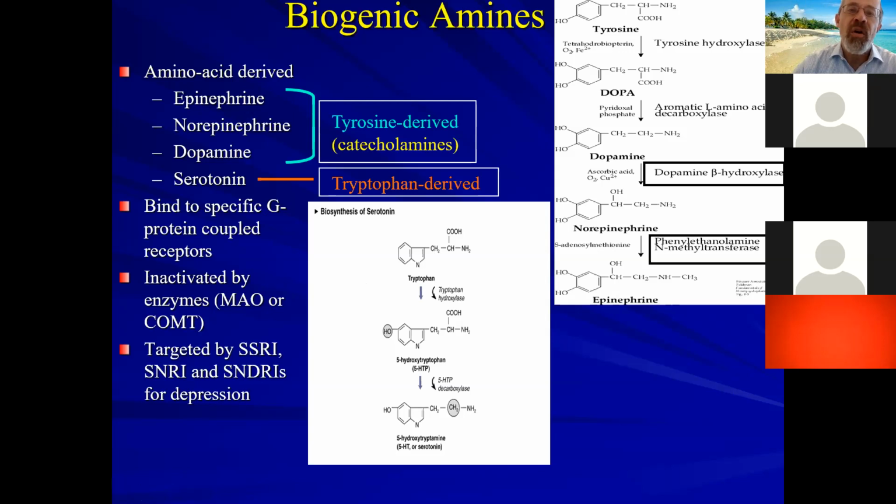Interestingly, these amines are also, from a clinical standpoint, targets of certain medications to treat depression or even anxiety. You may have heard of serotonin reuptake inhibitors. They also have serotonin norepinephrine reuptake inhibitors. We even have serotonin norepinephrine dopamine reuptake inhibitors. These are medications that block these enzymes from working, which allows the neurotransmitter to stay in the synaptic cleft longer.